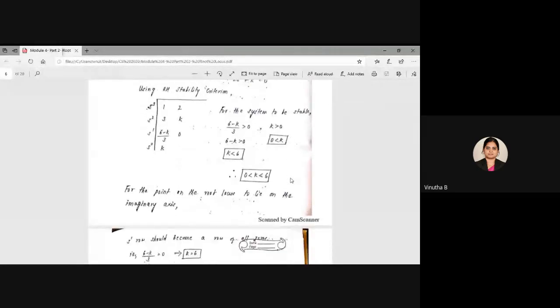Then we have to find out the imaginary points, that means the point on the imaginary axis where the locus is going to cut. For that you have to consider the auxiliary equation. But how do you get it? See here, this was 1, this was 3. Immediately after that you have 6 minus k by 3, so you're getting a variable here.